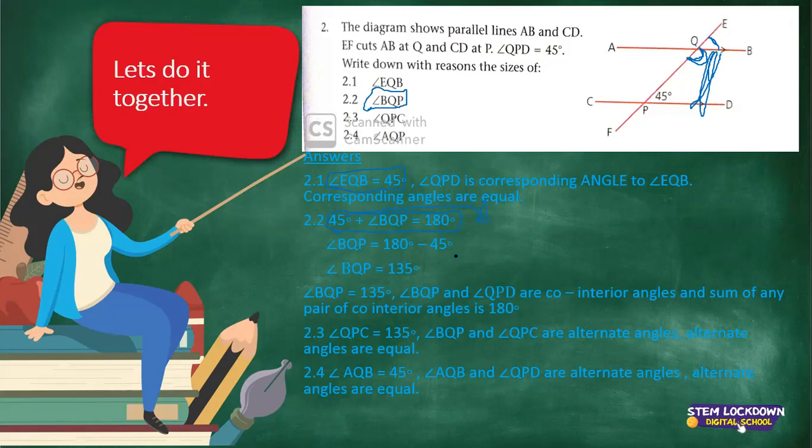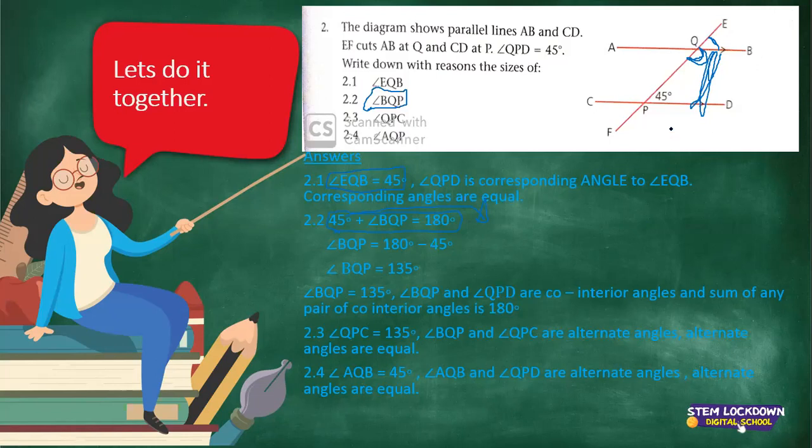And so the reason behind all this, let's read the reason that I pointed out for you here. Angle BQP equals 135 degrees. Why? Because angle BQP and angle QPD are co-interior angles, and the sum of any pair of co-interior angles equals 180 degrees.